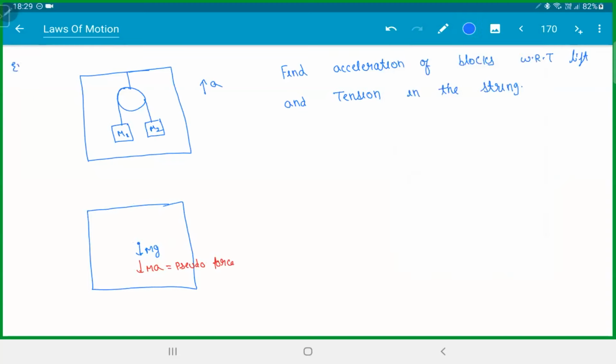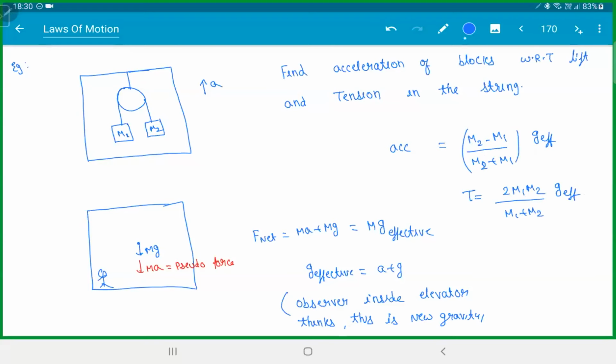If you remember the formula, (M2 minus M1) by (M2 plus M1) into g effective. What is the tension of the string? 2 M1 M2 by (M1 plus M2) g, but in place of g, g effective. Wherever there is g, just replace with g effective and you're done.